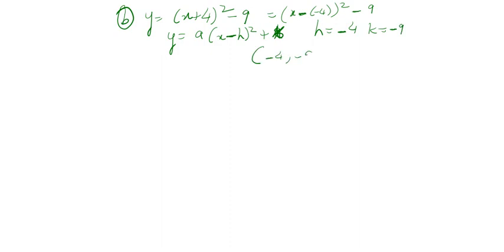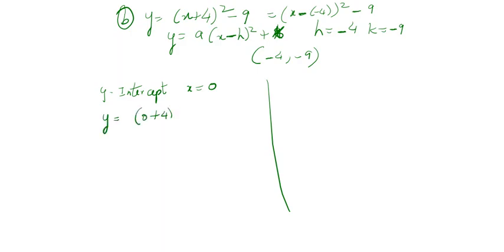Now as before, you have to find your y-intercept. To find your y-intercept, we do the normal things that we do. So you put x is equal to 0. When I put x is equal to 0, I get 0 plus 4 the whole squared minus 9.